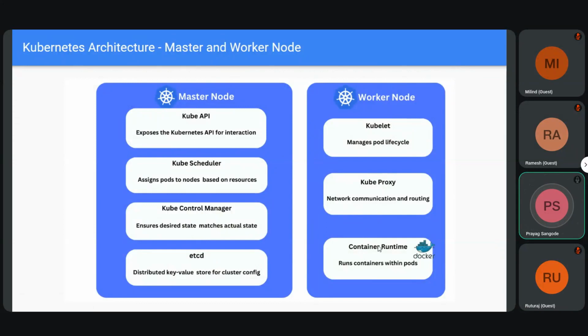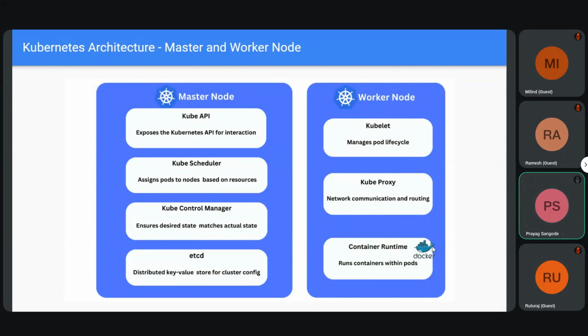Then the container runtime. Container runtime is very important. It is actually responsible for running the containers on a particular node. Docker is one of the container runtimes, but Docker is not the only one available in the market. There are several other container runtimes as well.